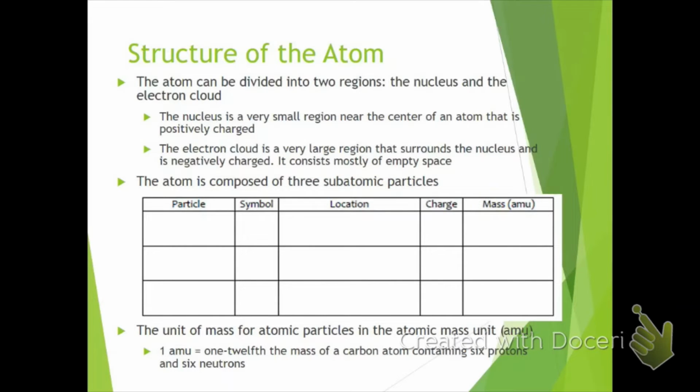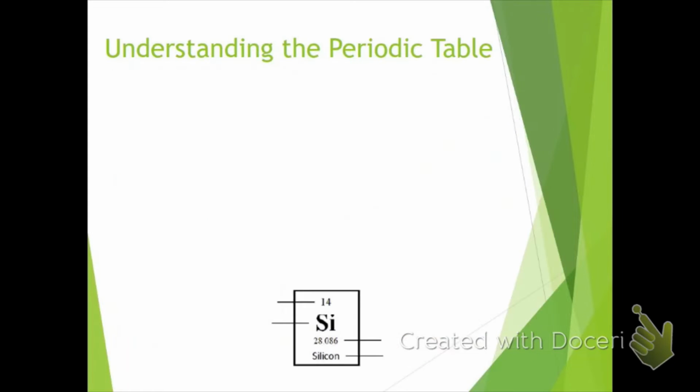The units that we use for these is amu, the atomic mass unit. So the atomic mass unit is actually 1/12 the mass of a carbon-12 atom, or 1/12 the mass of a carbon atom that has 6 protons and 6 neutrons. So that is how it's defined.